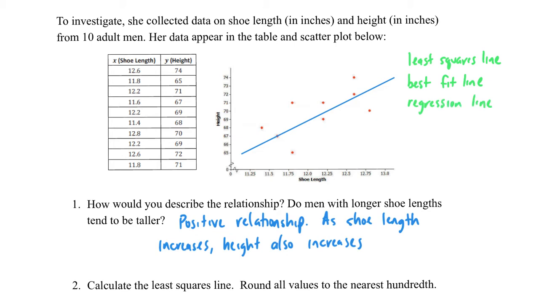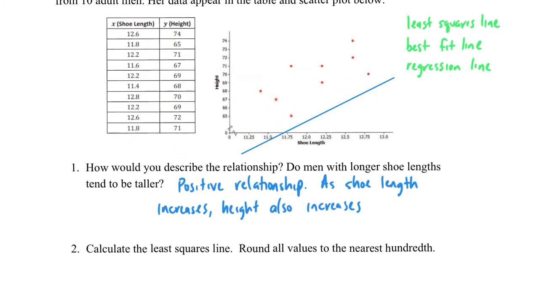All of those mean the exact same thing. I use all of them because the curriculum asks to use all 3. Typically, we use the best fit line, but you're going to hear and read all of these. It's least squares line, aka best fit line, aka regression line.